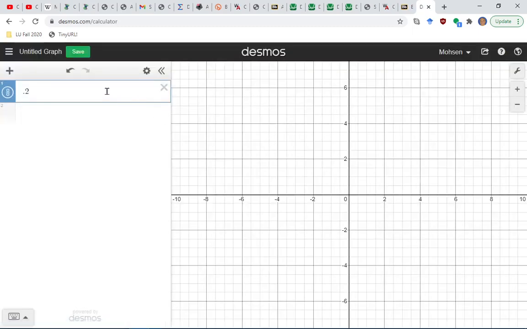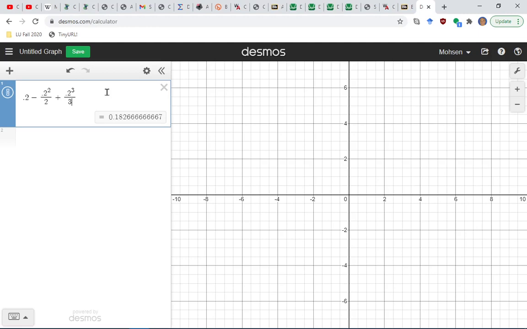So you have 0.2, you can use this as a calculator. You see what you are entering. So we get 0.18266 and so on.